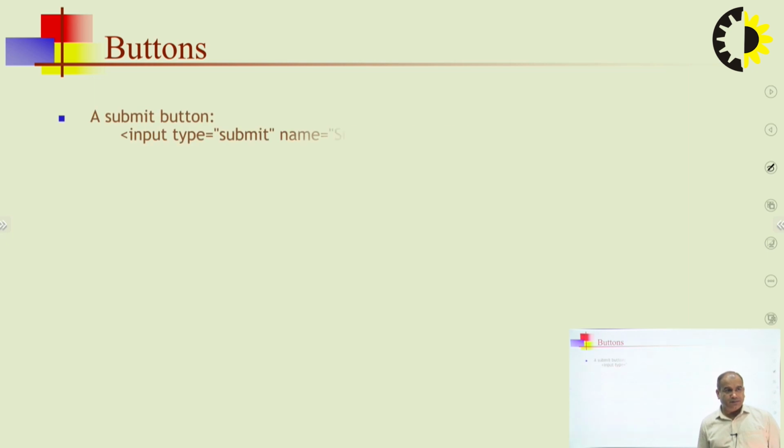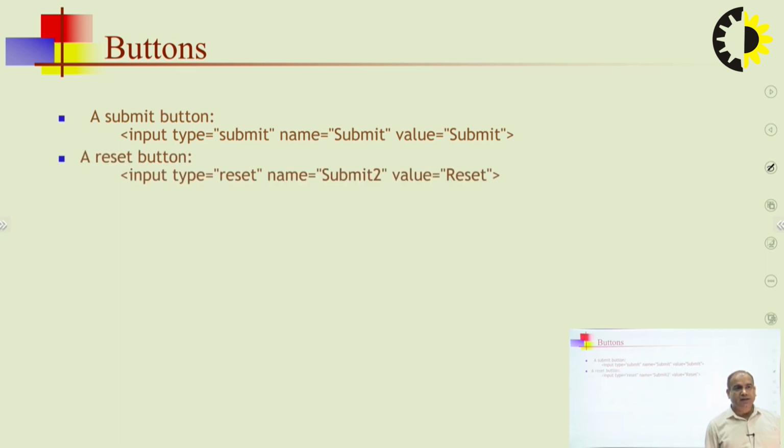Next is button. First we are talking about the submit button. If we write input type equal to submit, name equal to submit and value is submit, you will see a submit button appear.